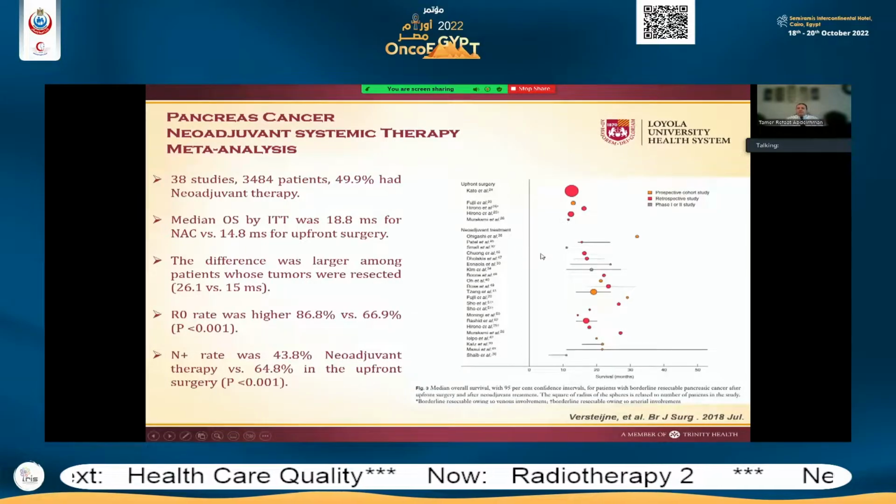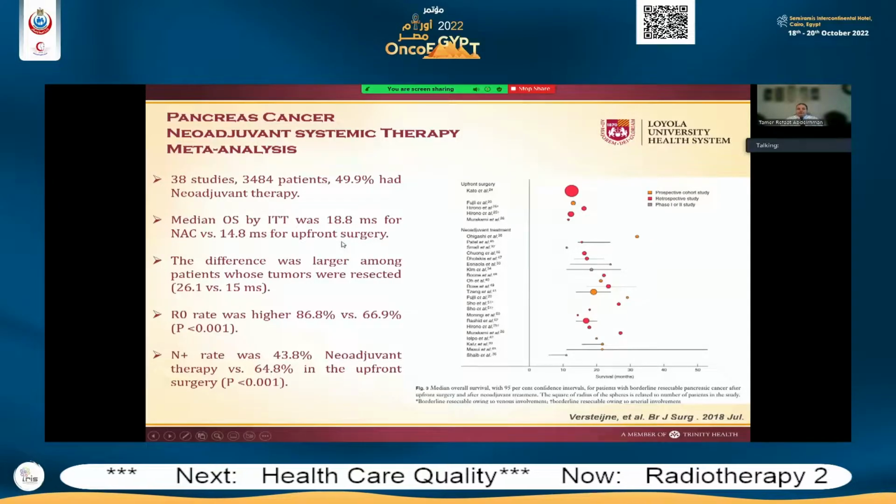A meta-analysis included prospective and retrospective studies. Most of the studies are actually retrospective. Approximately 3,500 patients, 50% of them had neoadjuvant therapy. The median overall survival by intent to treat improved with neoadjuvant therapy compared to upfront surgery. The difference was larger among patients who underwent tumor resection.